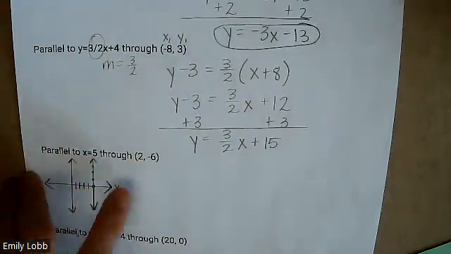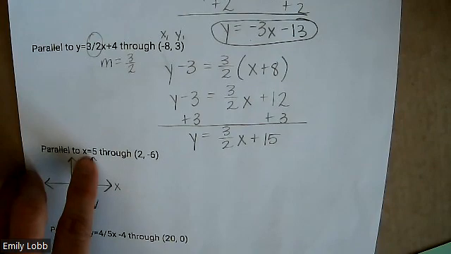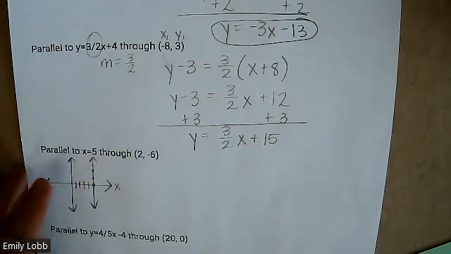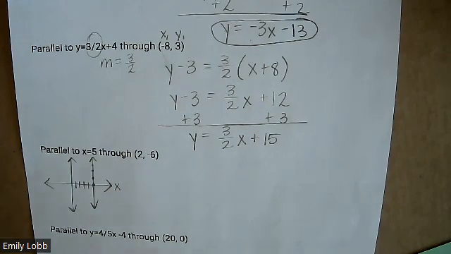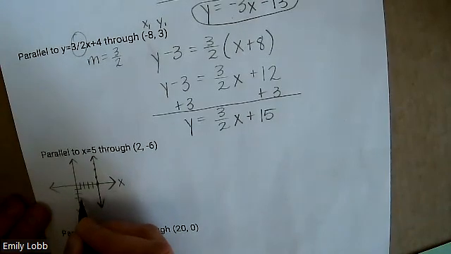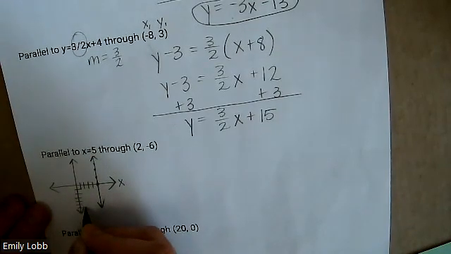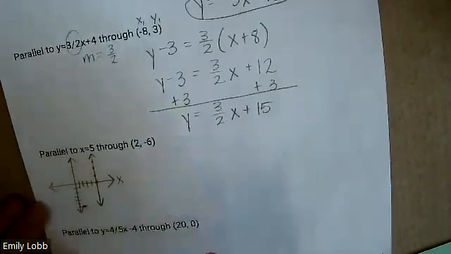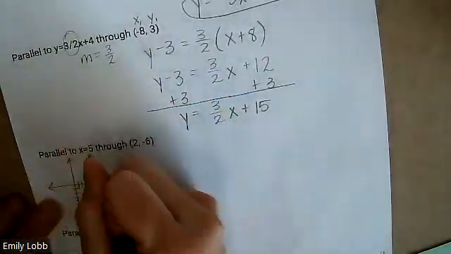Undefined, exactly. So we know parallel to that also has to be a vertical line, right? And where's the point 2, -6? 1, 2, 3, 4, 5, 6. So here's the point. Oh, that's 1, -6. 2, -6, sorry.